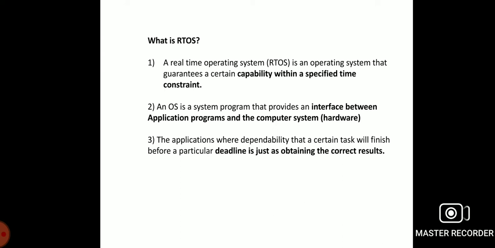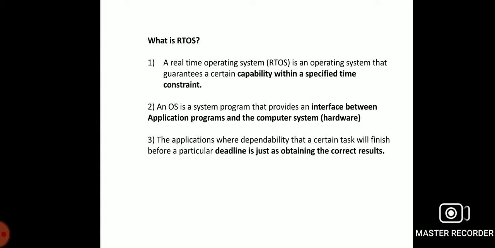In real-time applications, a task must finish before a particular deadline, which is just as important as obtaining the correct result. Besides meeting deadlines, a real-time operating system must also be able to respond predictably to unpredictable events and process multiple events consequently.